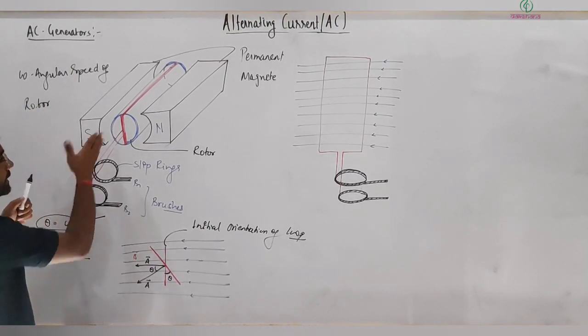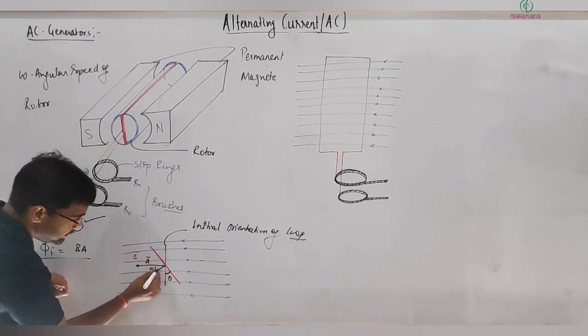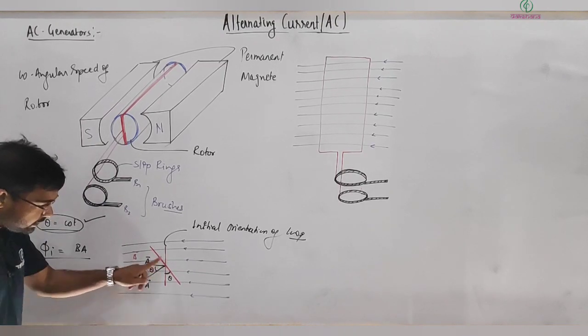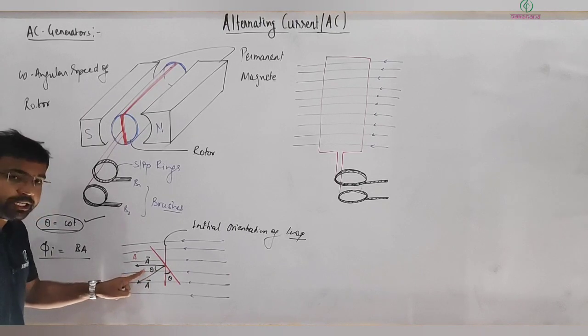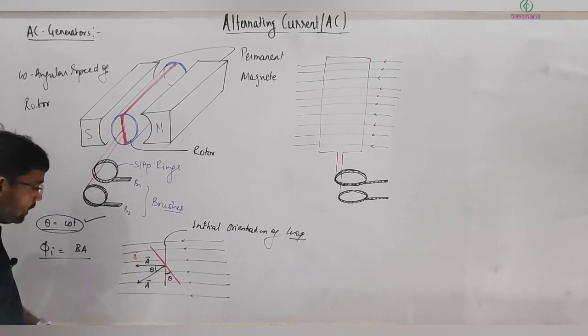After that, the coil will be in this orientation. B is still in the same direction, and the area vector of this loop has turned by angle theta.